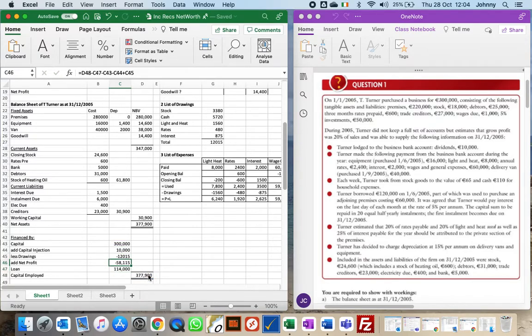So 58,115, that doesn't sound right. Let me just check that. I don't think that's right. So capital plus the injection plus our drawings plus our loan.